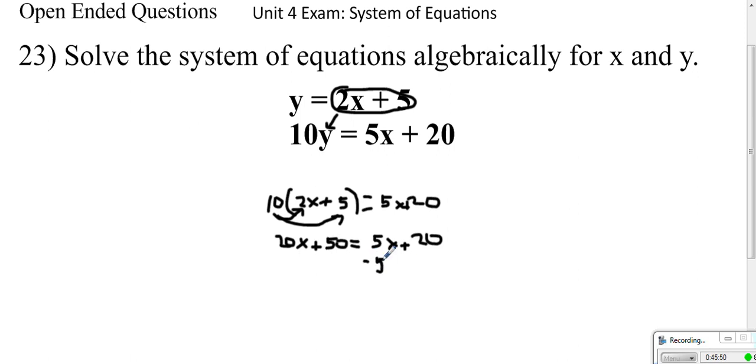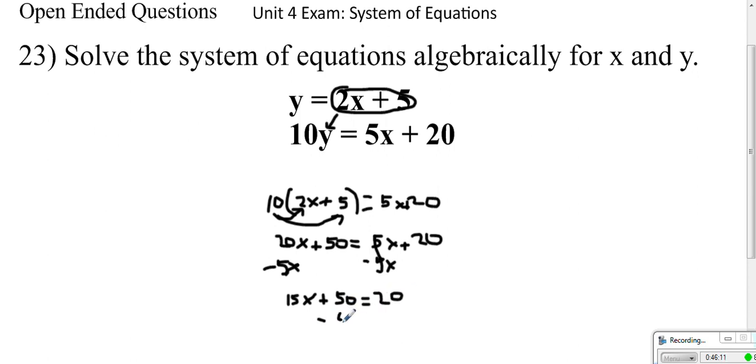Now it becomes an equation with variables on both sides. Get the smaller over to the larger, always. You get 15x plus 50. Nice numbers. Like it. Equals 20.